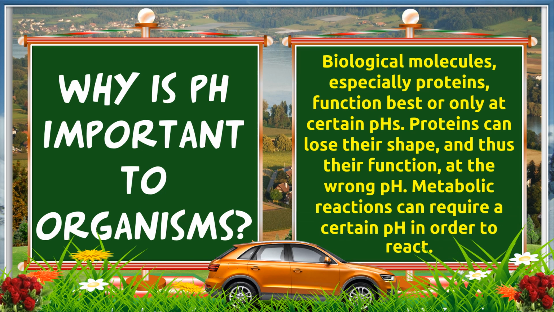Biological molecules, especially proteins, function only at a certain pH. Proteins can lose their shape and thus their function at the wrong pH. Metabolic reactions can require a certain pH in order to react.